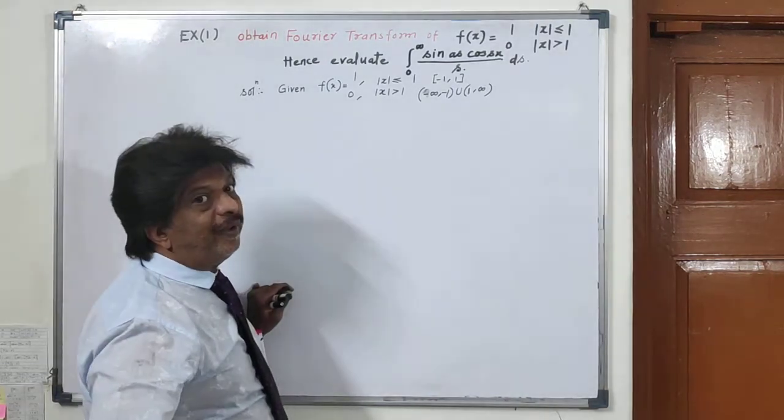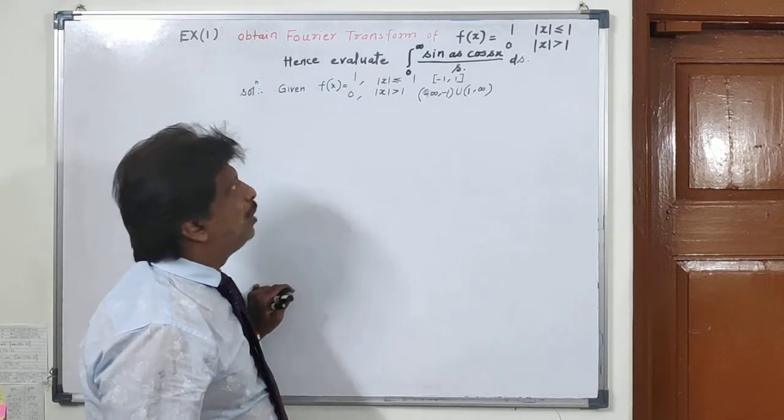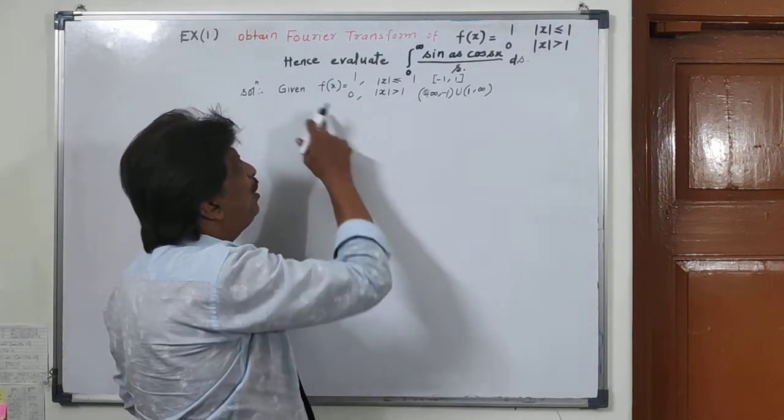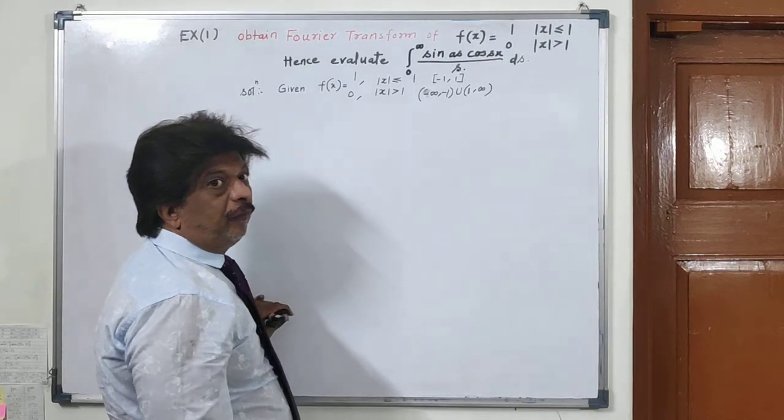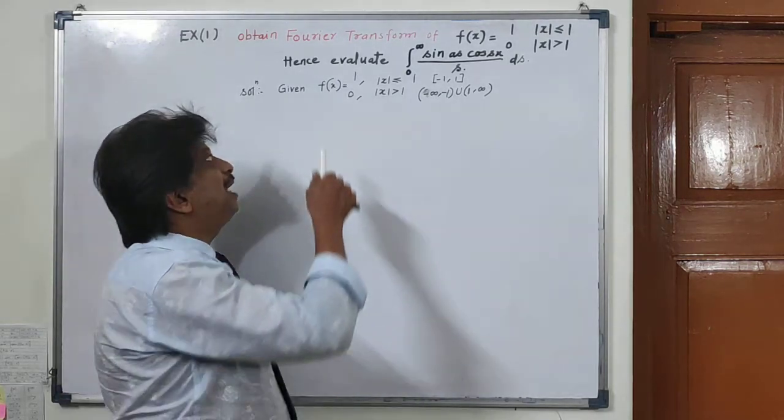That is the interval mod of x greater than 1. So for this particular function, we are going to obtain the Fourier transform.